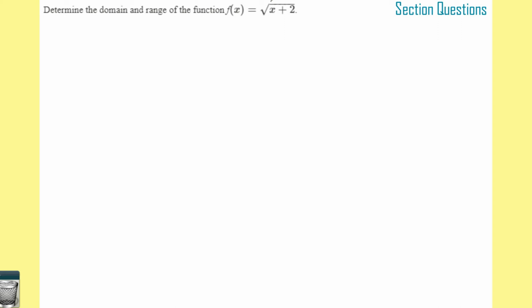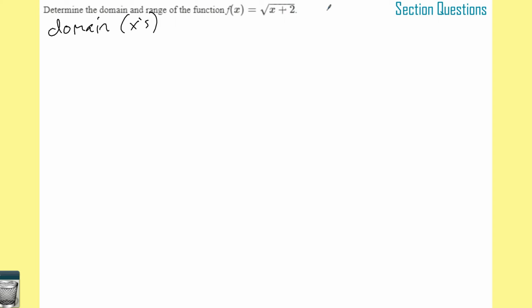So for instance, our domain is our x's. So think about it. What can I put in for x? Okay, can I just plug in anything I want? Well, no, I can't plug in anything I want because some values aren't going to work, right?